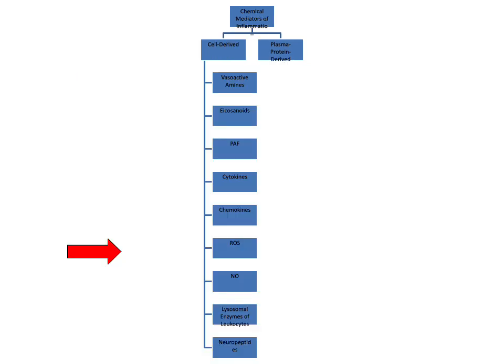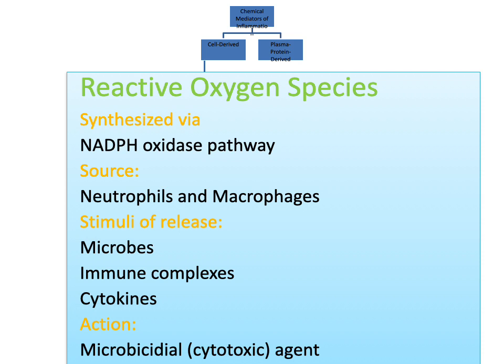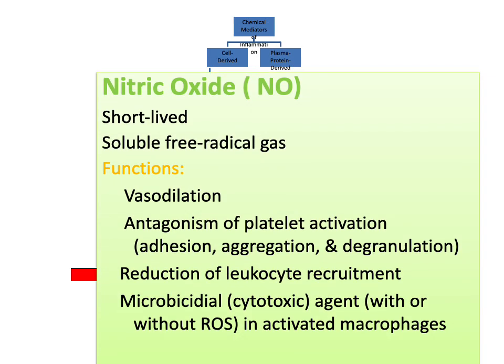Of course, you're aware of reactive oxygen species. They facilitate destruction, and the result is the production of bleach or hypochlorite from oxygen gas. Nitric oxide is a short-lived gas that is also produced during inflammation, and it serves to facilitate vasodilation.